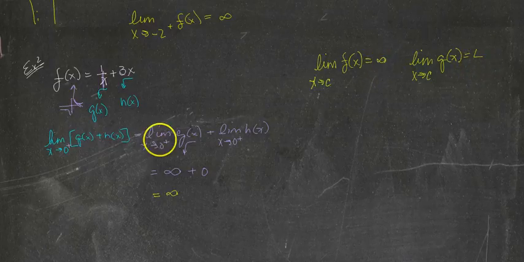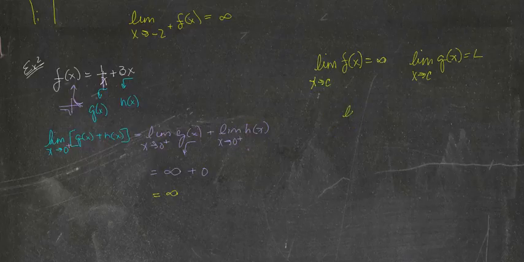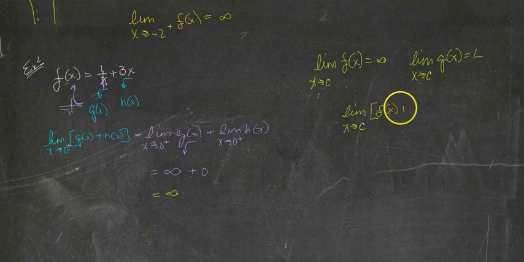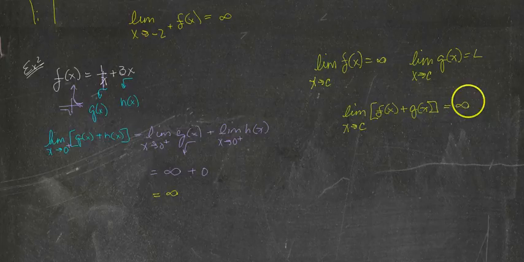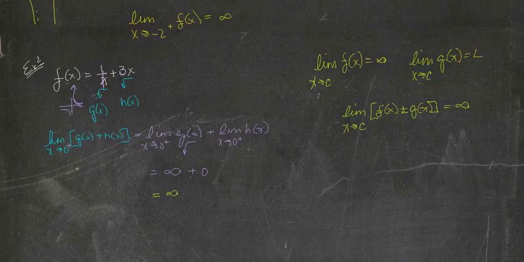And we saw in this example that the limit as x approaches c of f of x plus g of x, even if it's a big number, even if it's 10 million, is not enough to change infinity or make infinity suddenly a constant value. It's going to equal infinity. If you combine by addition or subtraction infinity and some other constant value, you still get infinity. And this is called the sum and difference law, or the sum and difference property.